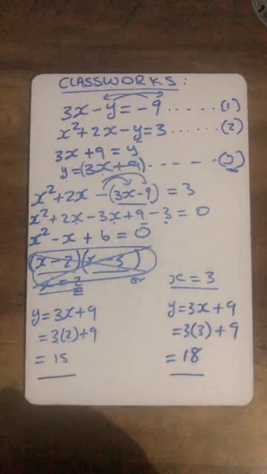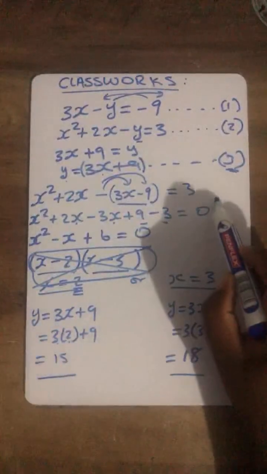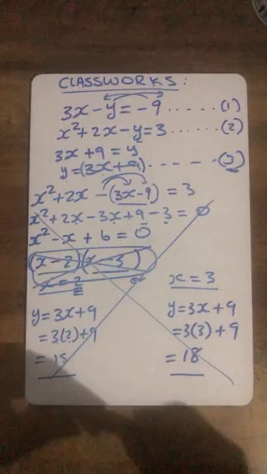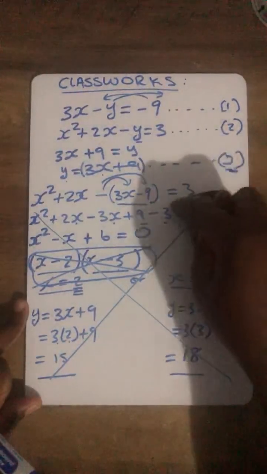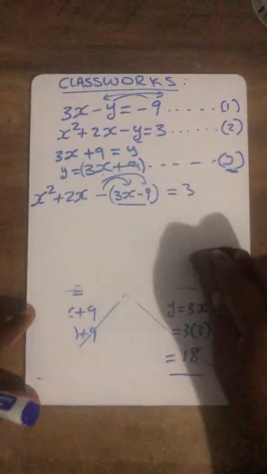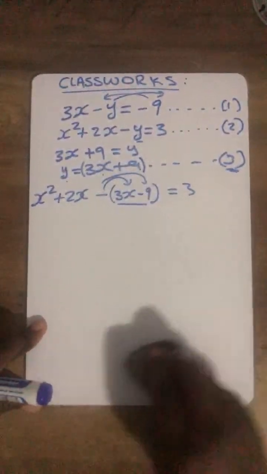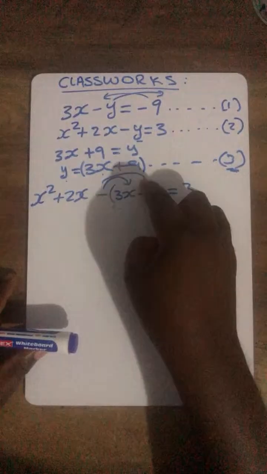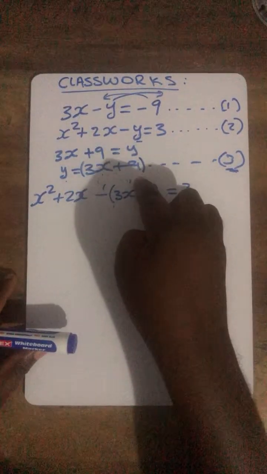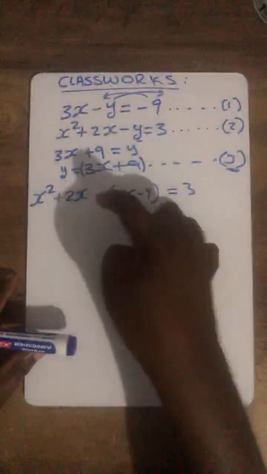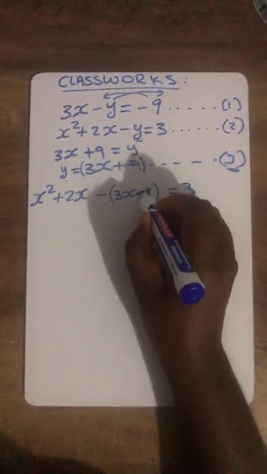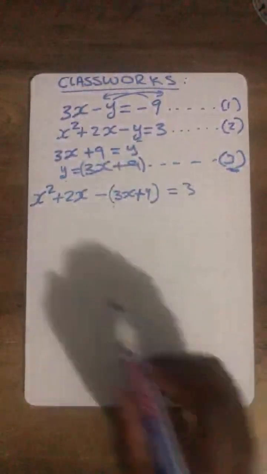So that means, honorable members, from this step, everything is wrong. So that's how you can get simultaneous equations wrong. Not because it's difficult, but simply because somewhere, somehow you made a mistake. And it might take you some time to figure that out. So that means this is supposed to be a plus there.